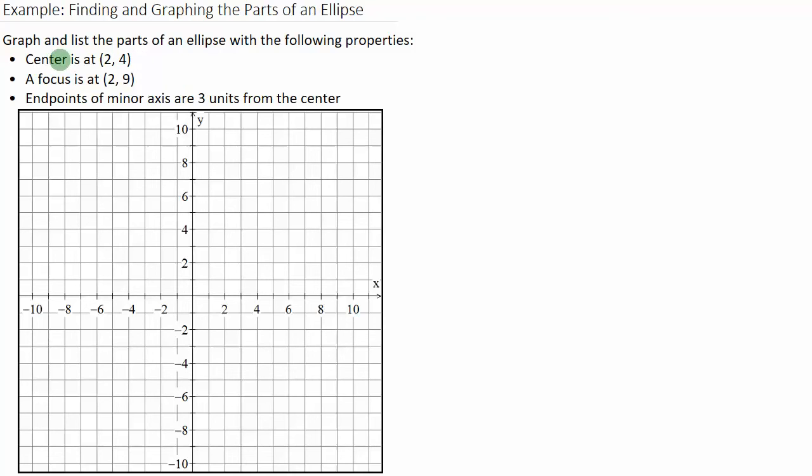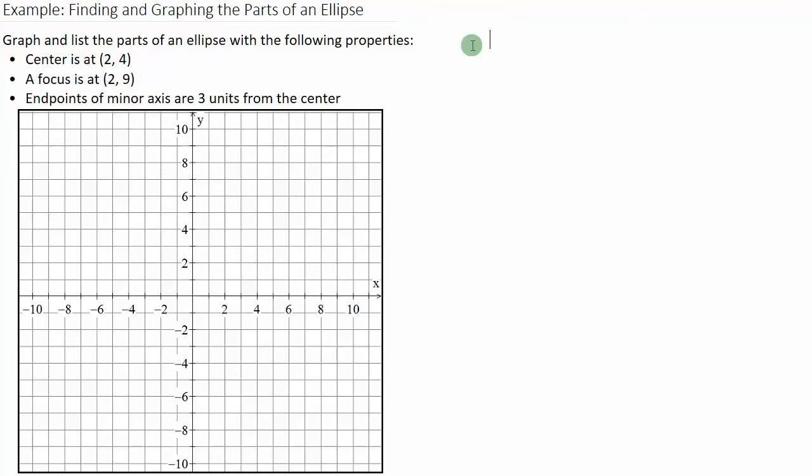Okay, I will first plot the center, which is at (2, 4) right here. That's my center. And then my focus is at (2, 9), which is up here. So that's a focus. The parts that are given I will graph in black, and the parts that I'll add are going to be graphed in blue.